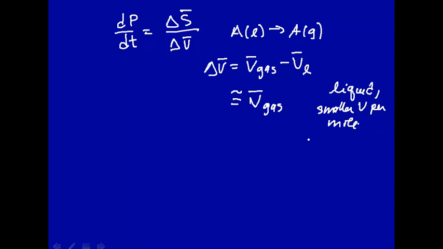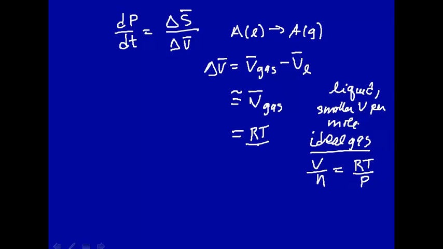And now let's use an ideal gas equation. That's another approximation. Ideal gas means that V over n is equal to RT over P. So the molar volume is RT over P when we make the ideal gas approximation.